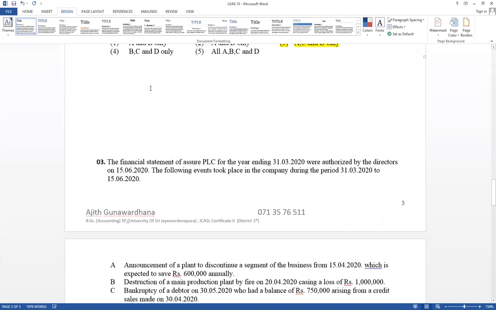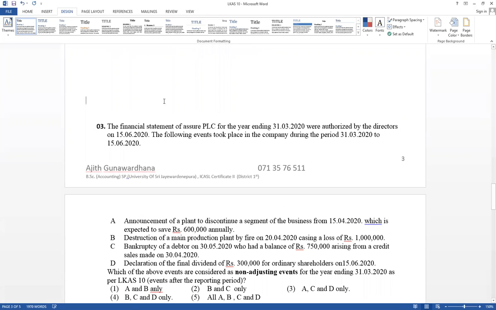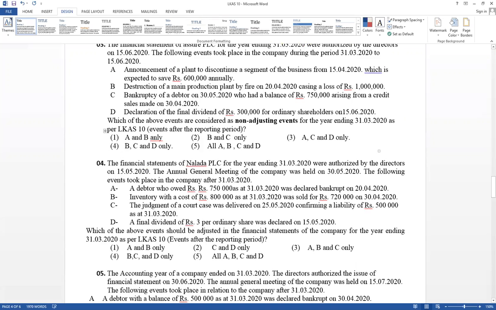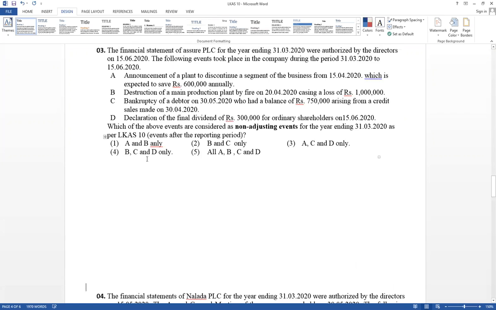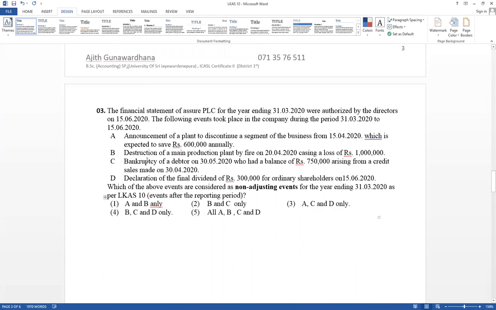Let's do one more. Go to question number 3. Third one, think about events after the reporting period, LKS 10. First one, read carefully, see the requirements. Financial statement.